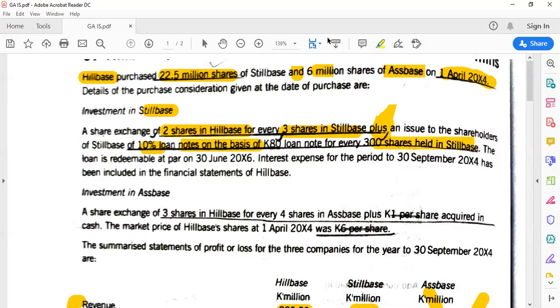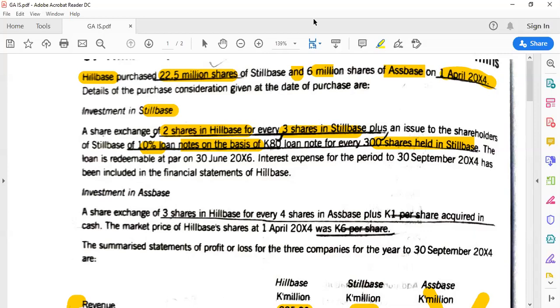Remember what we did on the considerations? So to get the total consideration, we're going to add the two forms of payment. The first one is the share exchange payment. And then the second one is the 10% loan note.